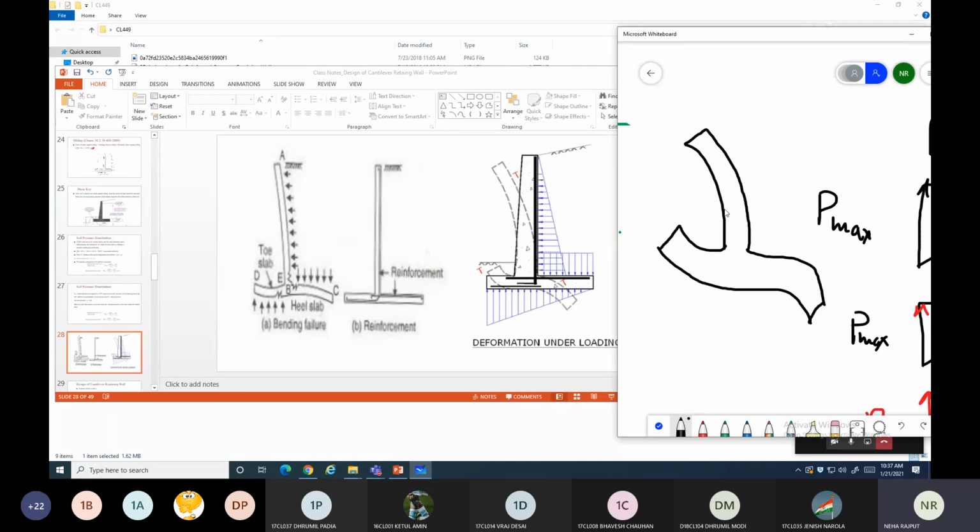Right. So here if you can see, this is the behavior of hogging, where tension will be created at this point and compression at this point.